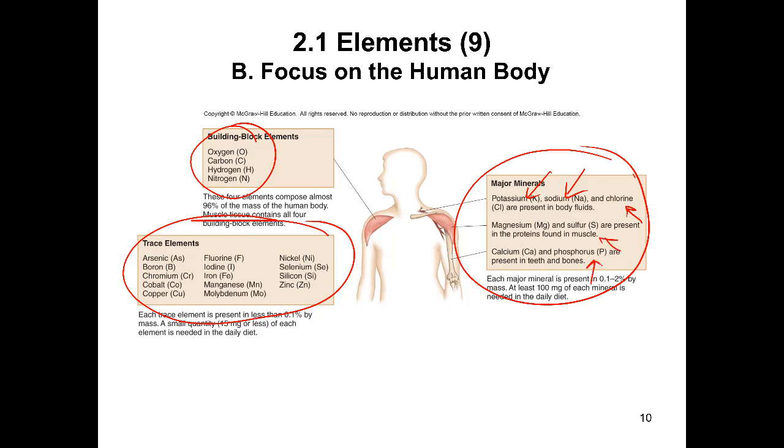Calcium and phosphorus, for example, are needed not only for bones and teeth, but also so your heart beats. If you have too much potassium and too little sodium, or vice versa, then you can have problems with your health. So those major minerals are very, very important.